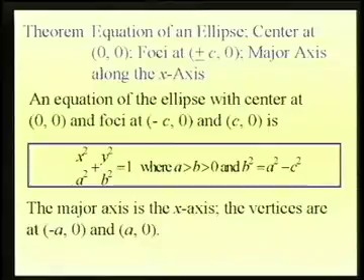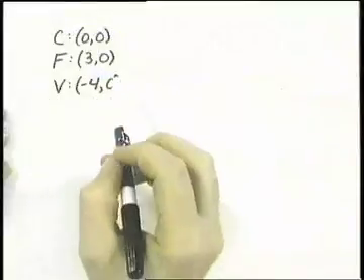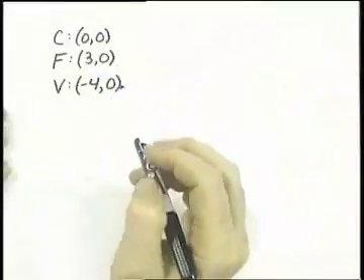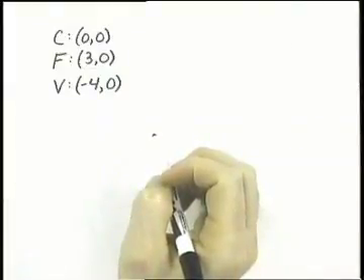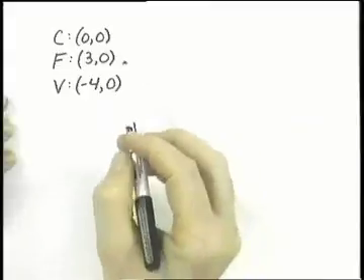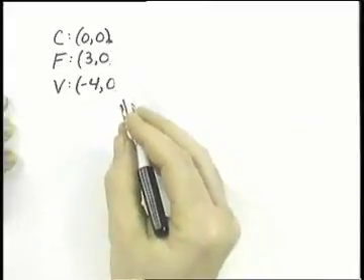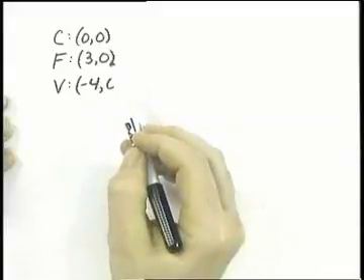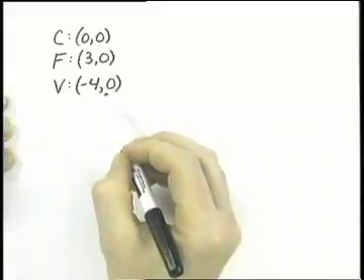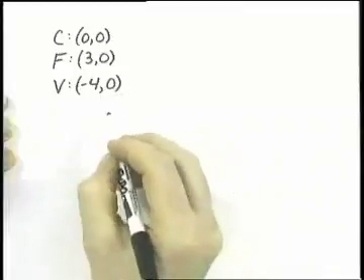Let's go ahead and look at an example where we are given certain information about an ellipse and are asked to find the equation of the ellipse and then graph it. We're given that the center of the ellipse is at the origin. We're given that the focus is at 3, 0 and a vertex is at negative 4, 0.